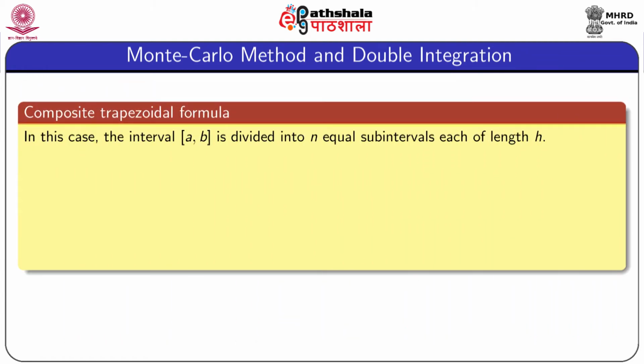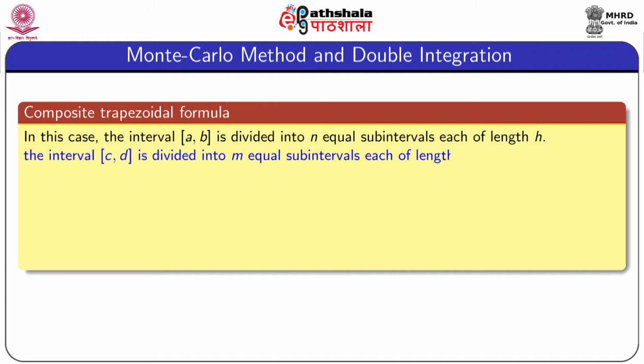In this case, the interval AB is divided into n equal subintervals, each of length h. That means to get the composite trapezoidal formula, the interval for x is divided into n equal subintervals, and the interval of y, that means the interval CD, is also divided into m equal subintervals, each of length k.